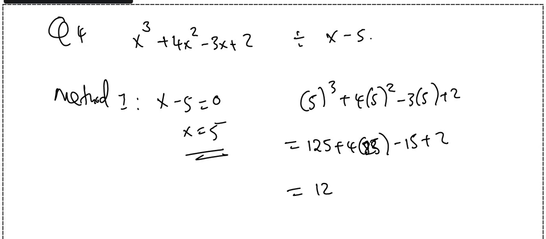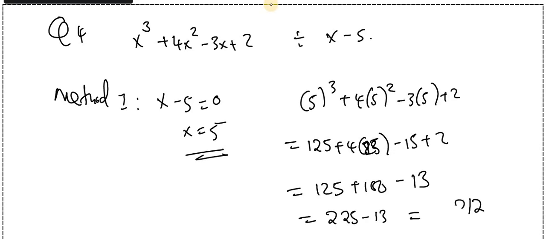This will be 125. Is this true? They're saying find the remainder. This is going to be 100, and it's going to be minus 13. So this is going to be 225 minus 13, which gives us 212.